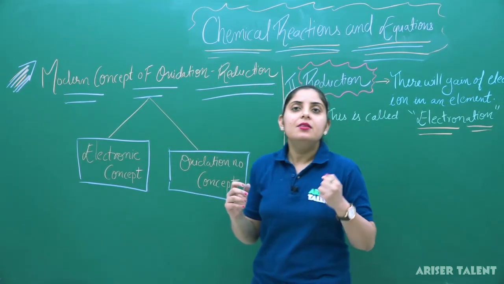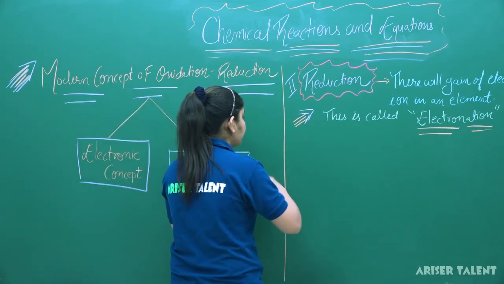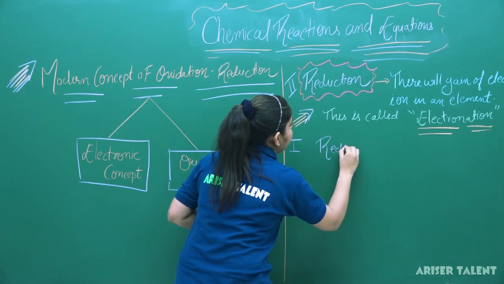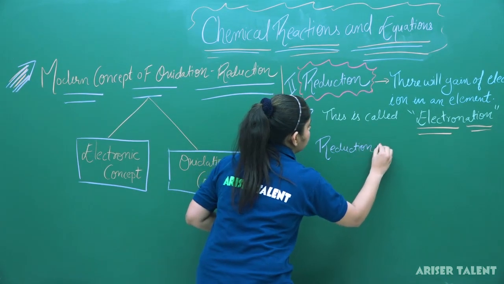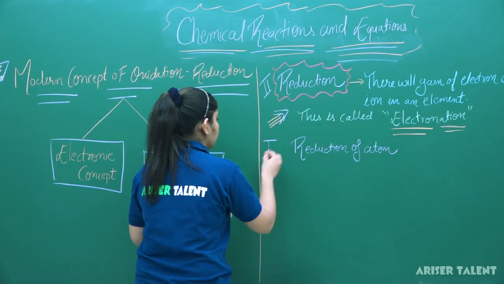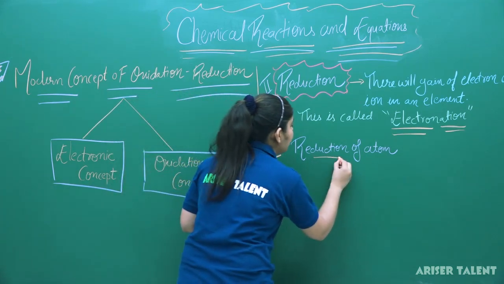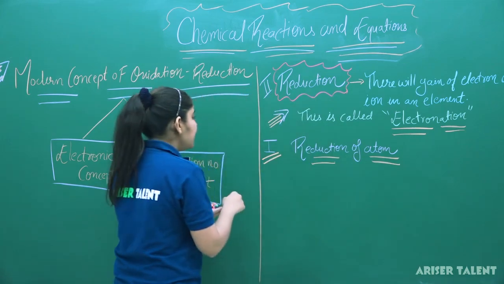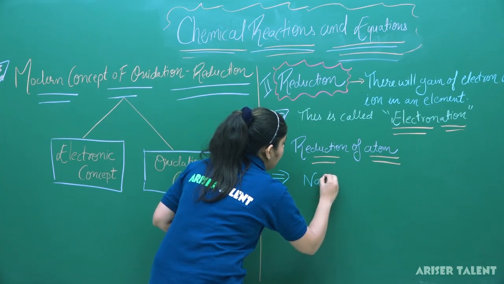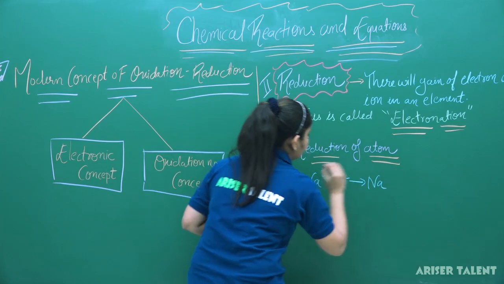Now we will deal with the reactions in case of reduction. Our first category is reduction of atom. In case of the reduction of an atom, we have a few examples here. Our first example is Na+ + e- gives Na.